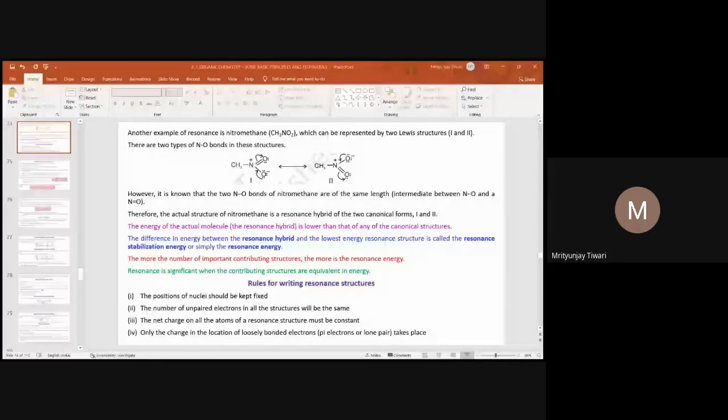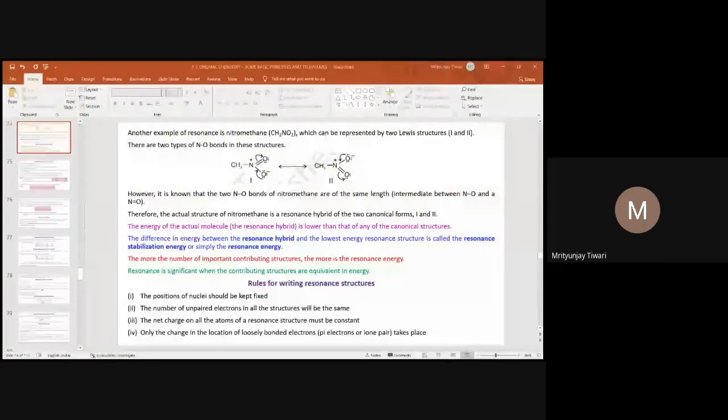It means all these structures are in resonance with each other, and that resonance gives the hybrid structure, which will be the actual molecule and will behave as a real molecule. But we cannot write the structure of that molecule exactly using the set of rules that we know in terms of chemical bonds, number of bonds, and so on.